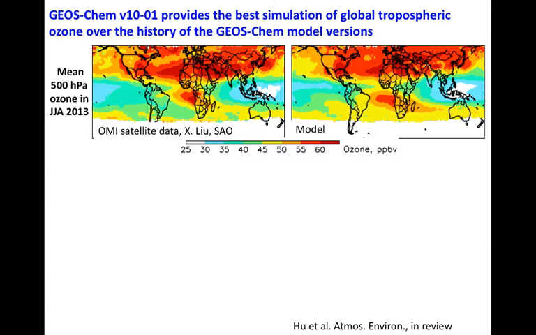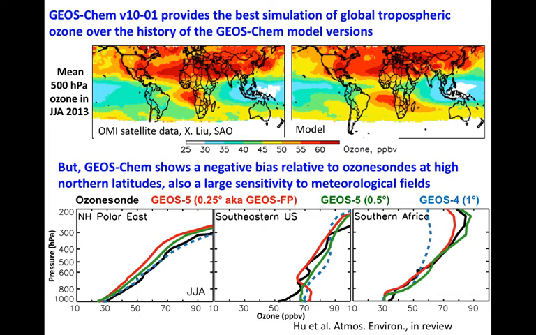I could provide the next 10 slides to tell you how good the model is, but probably most of you don't care about that. So let me talk about what the current problem is. GEOS-Chem right now has a very large negative bias compared to ozonesondes, particularly at high latitudes. Here I select the North Polar region, but it is basically the same for the Southern Polar region, but not many people live there, so probably not many people care about that.